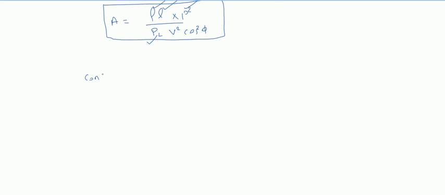If we consider that the resistivity of the transmission line, length of the transmission line, sending end power and the loss are constant, then the area of the cross section of the transmission line is proportional to voltage square into cos square phi, right?